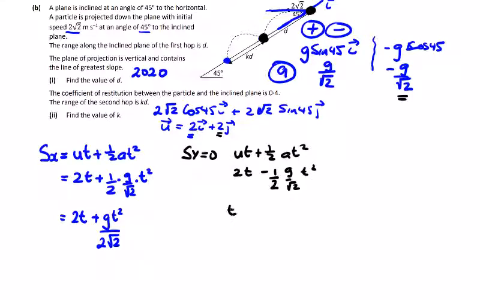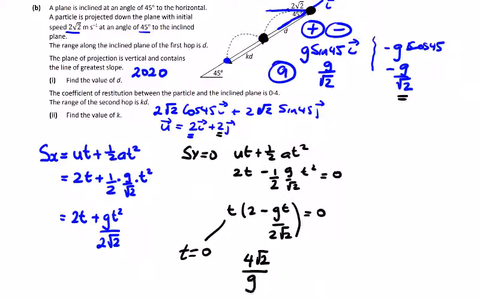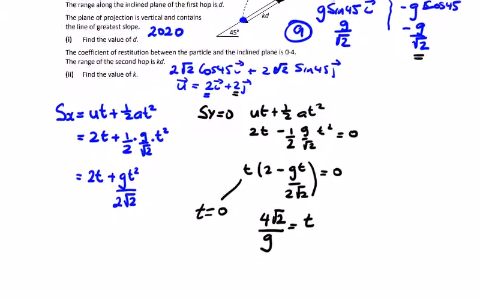Factoring out my t and allowing it to equal 0, we're going to get t times 2 minus gt over 2√2 equals 0. So my initial time equals 0. And then we're going to have gt over 2√2 is equal to 2. So cross multiplying, we're going to get 4√2 divided by g equals t. So we can sub that back in over here.